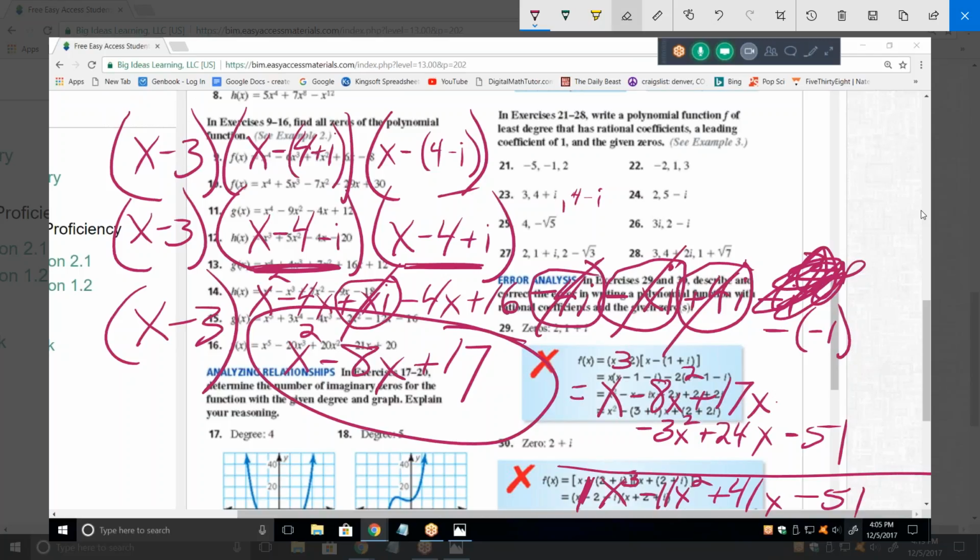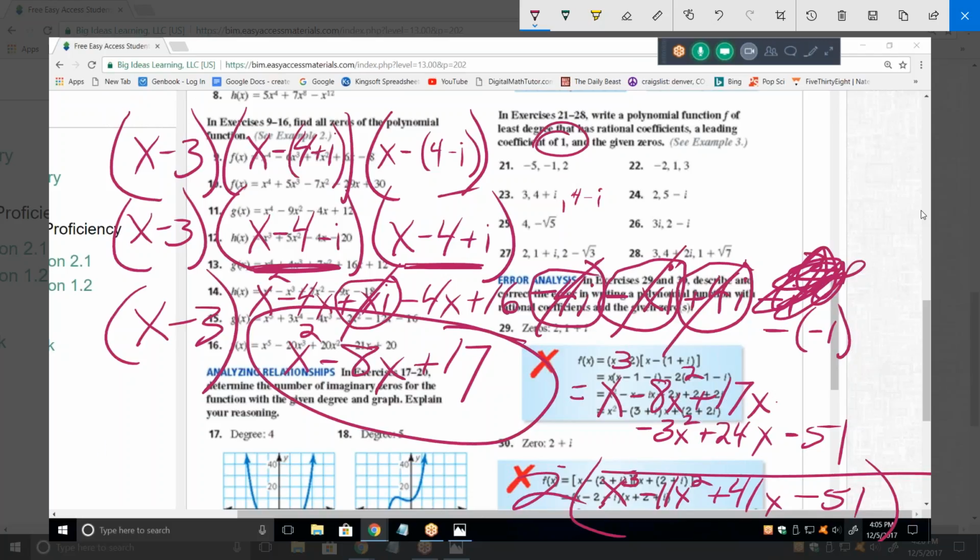If they'd have said, give me a leading coefficient of 2, what's my answer? They said, give me a leading coefficient of 1. But what if they'd have said 2? The same function multiplied by 2.